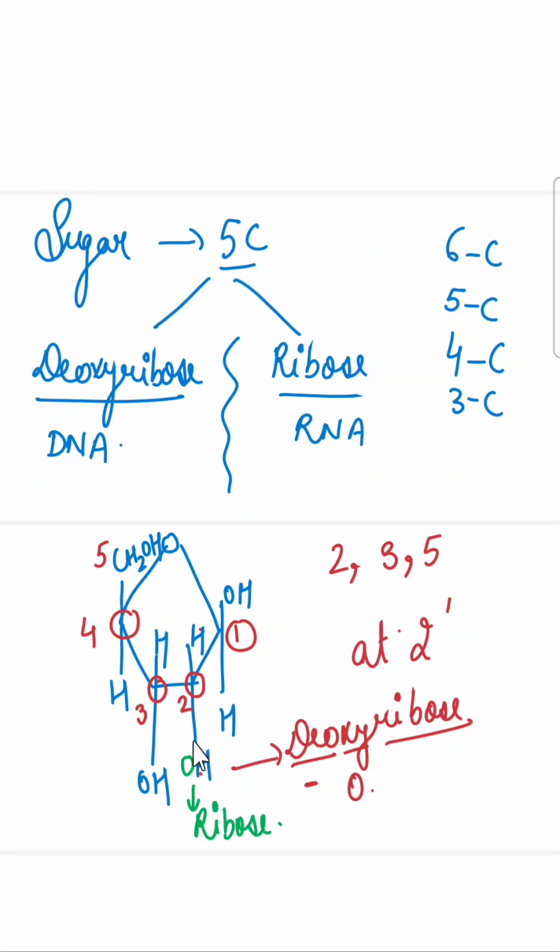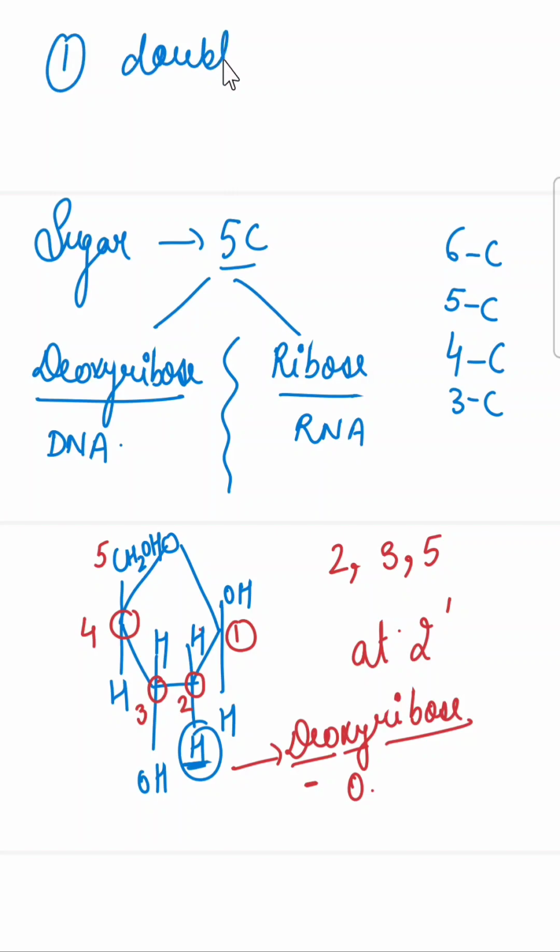Okay, and because in our DNA deoxyribose sugar is present, no oxygen is there, this is one of the major reasons for the stability of the double helical structure. First reason is obviously it is a double stranded structure.